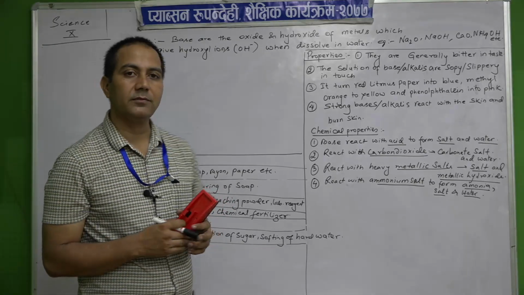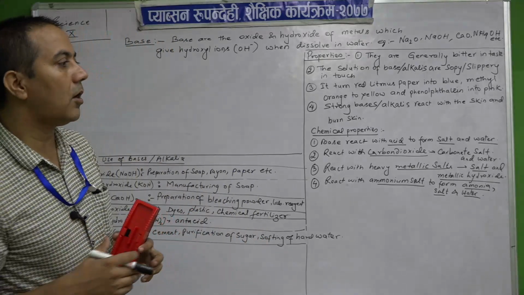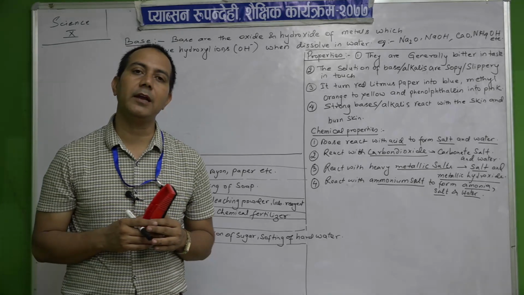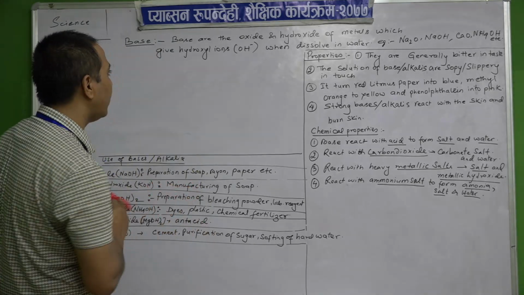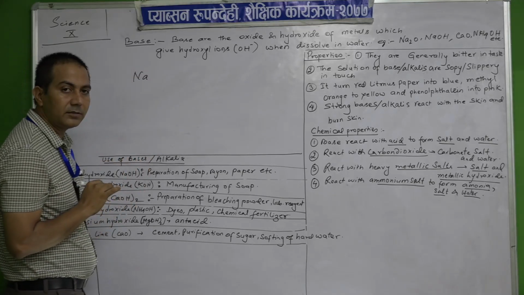So, what is a base? A base is an oxide or hydroxide of a metal. For example, sodium is a metal.